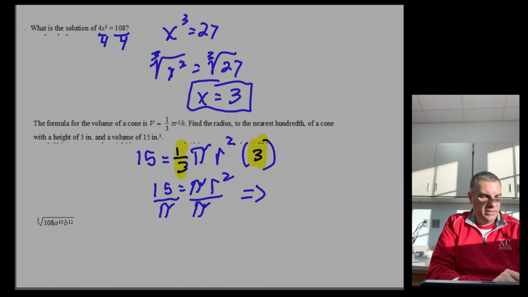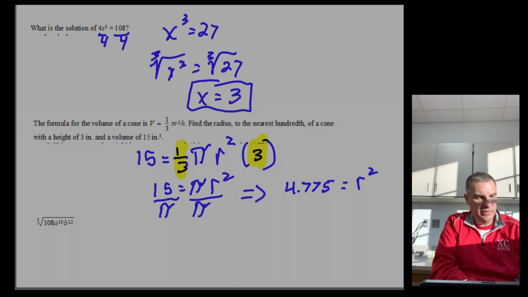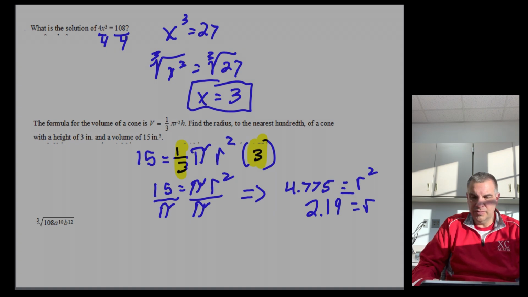So 15 divided by pi gives me 4.775 equals r squared. And we're going to take the square root of that. So the square root of that is 2 point, there's my tenths, there's my hundredths. That's my r value, so that's the radius of our cone.